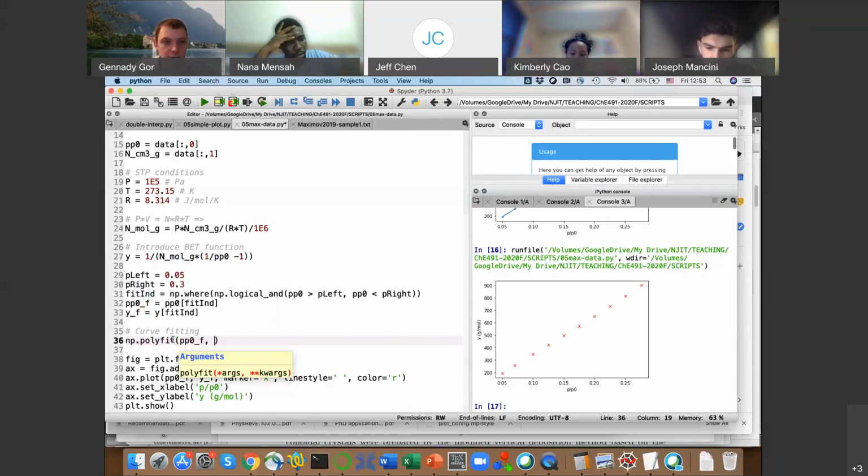The second argument would be my y, which would be yf. And the third argument would be the degree of my polynomial. And what the degree of my polynomial will be here? It would be 1, right? So it's a linear fit. Yep. So that's a very straightforward case.